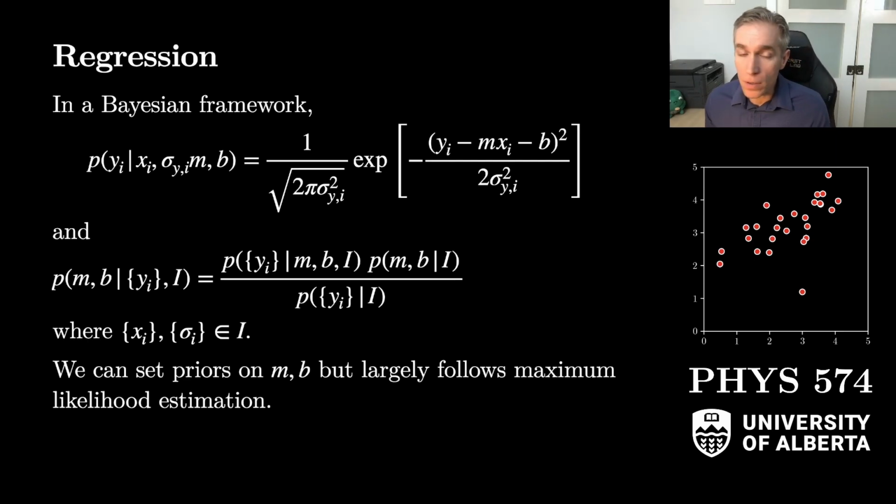The Bayesian framework looks a lot like linear regression. We view this same problem as we say, we're going to determine the y data is conditioned on the x data, the known variance, the slope, and the intercept, and that just follows this Gaussian distribution.